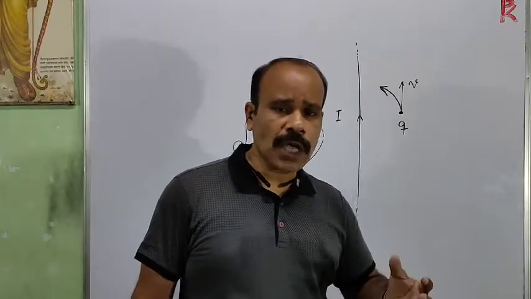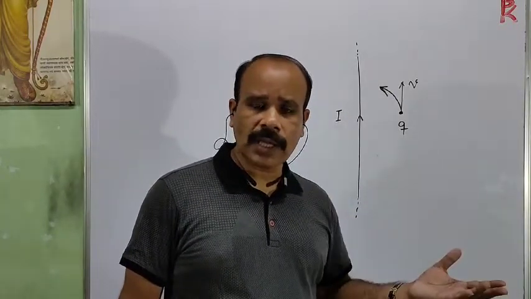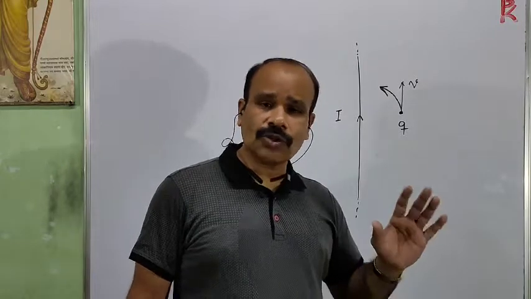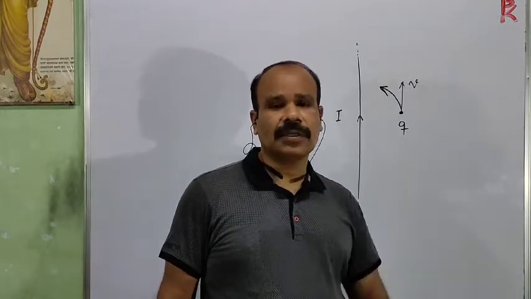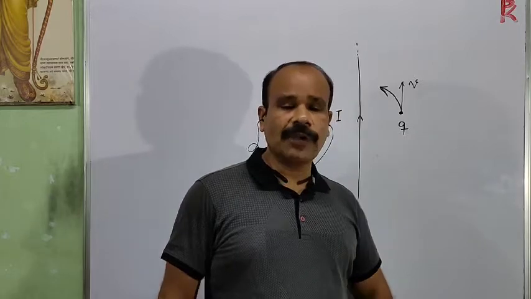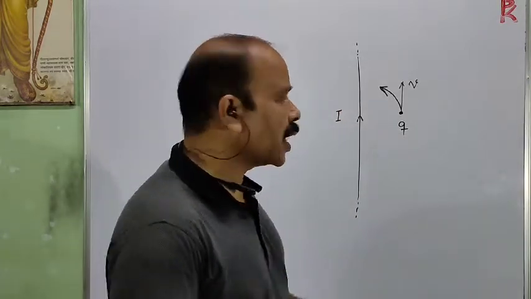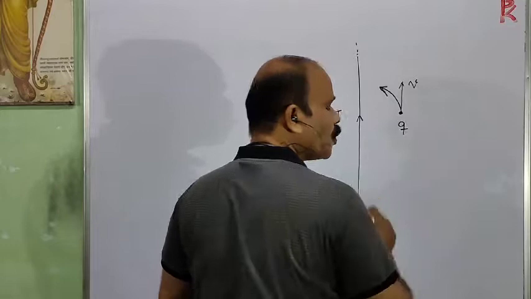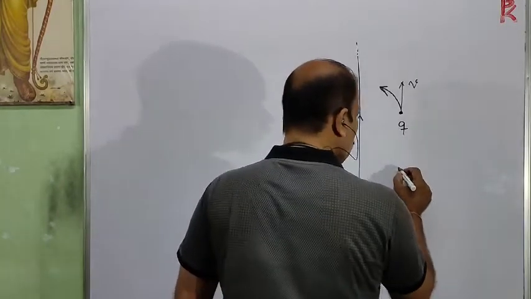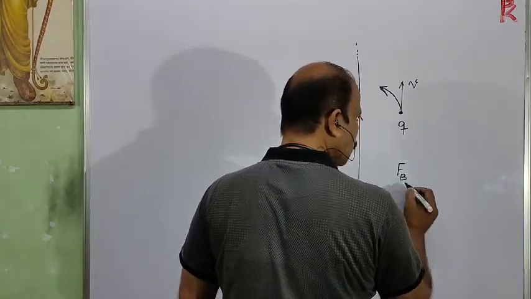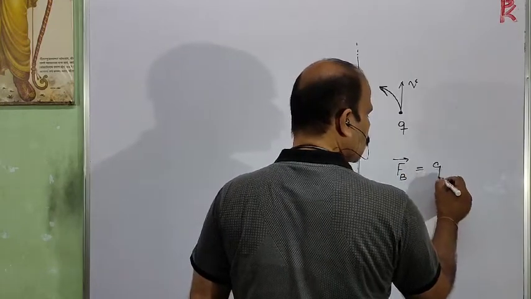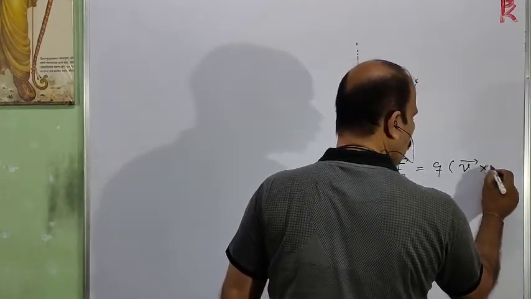There must be some source that is applying force on it. And that is nothing but the magnetic field. We will discuss this further. The force on this charged particle Q is nothing but your magnetic force, and that is equal to Q times V cross B.